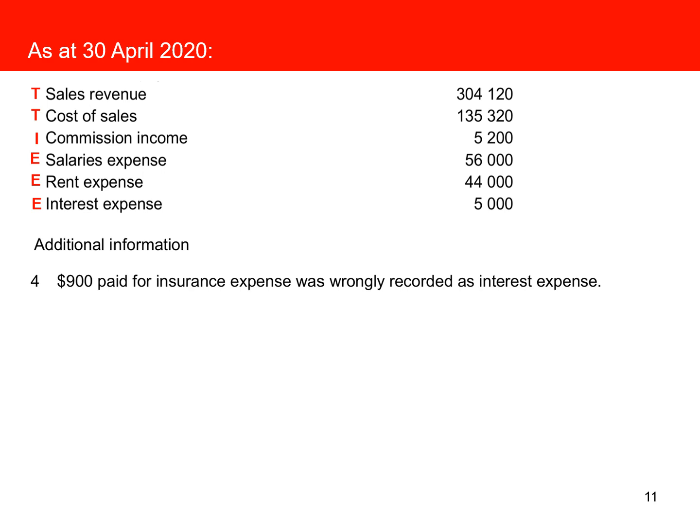Okay, next is more of correction of error. You have 900 for insurance expense, but they put it into your interest expense. So how do you do your correction for this particular error? Of course, you will have to deduct from your interest expense. Okay.